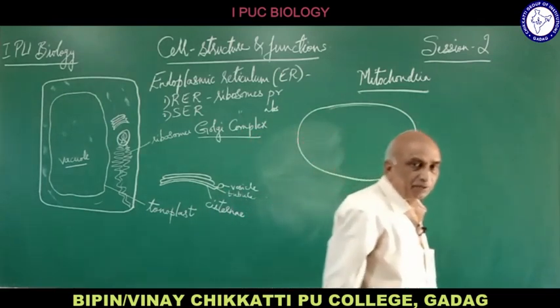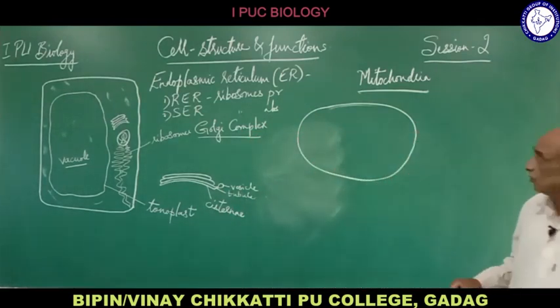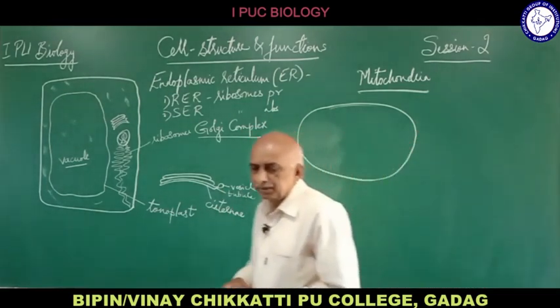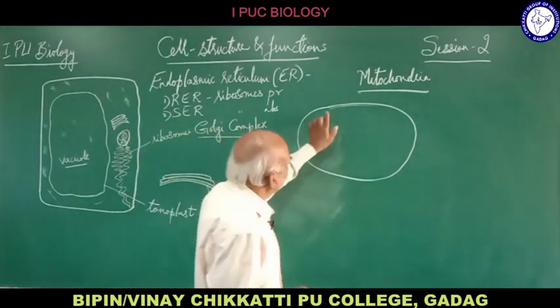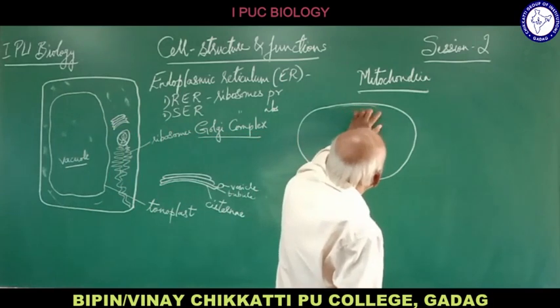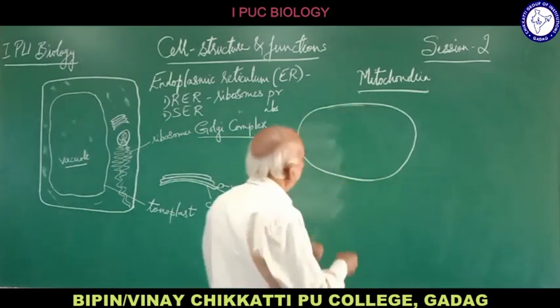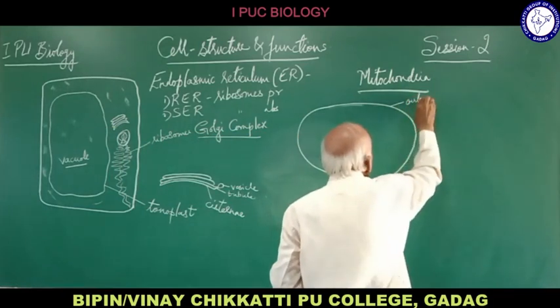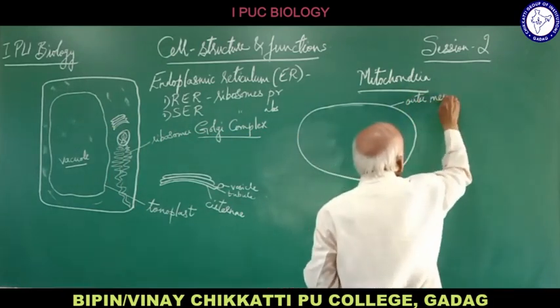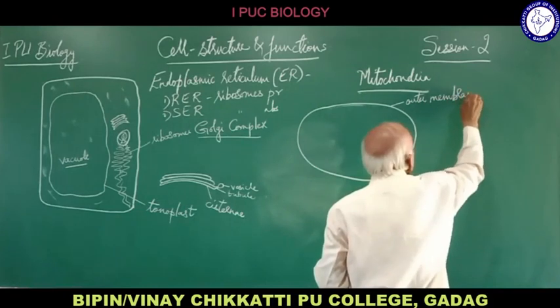A single one is a mitochondrion. Mitochondria is actually plural. So sometimes they are cylindrical, or rod shaped, or elliptical shaped. Mitochondria are surrounded by an outer membrane and an inner membrane. So this is the outer membrane.